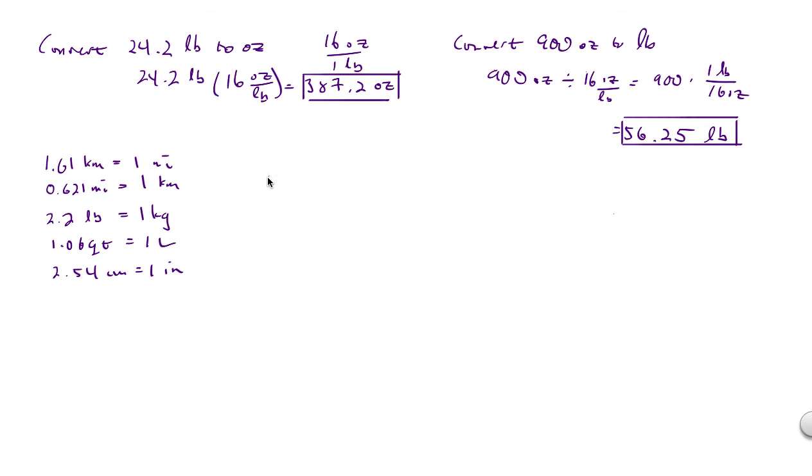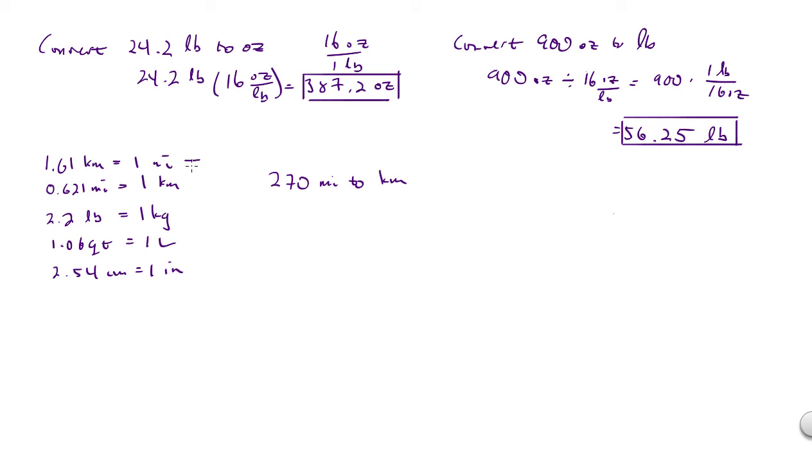Let's look at converting 270 miles to kilometers. As we said, kilometers are smaller than a mile because 1.61 of them fit into a mile. So we know that my answer should be bigger than 270. So that's a good check. No matter what you do, whether you're multiplying or dividing, it's always a good check to know the number should get bigger.